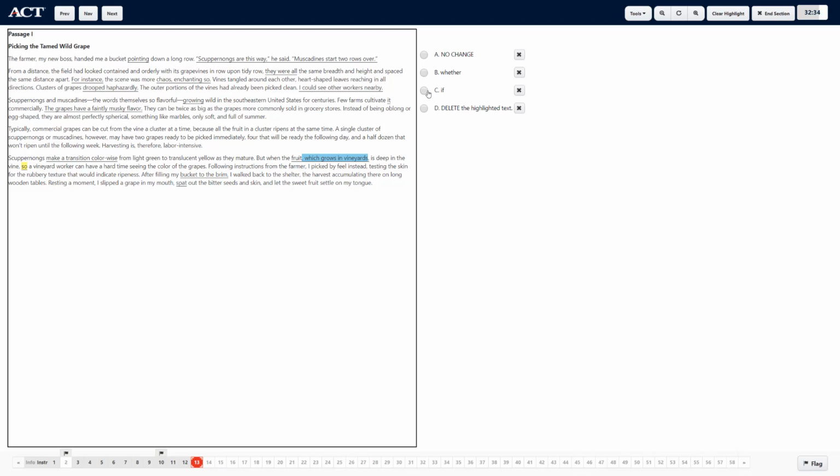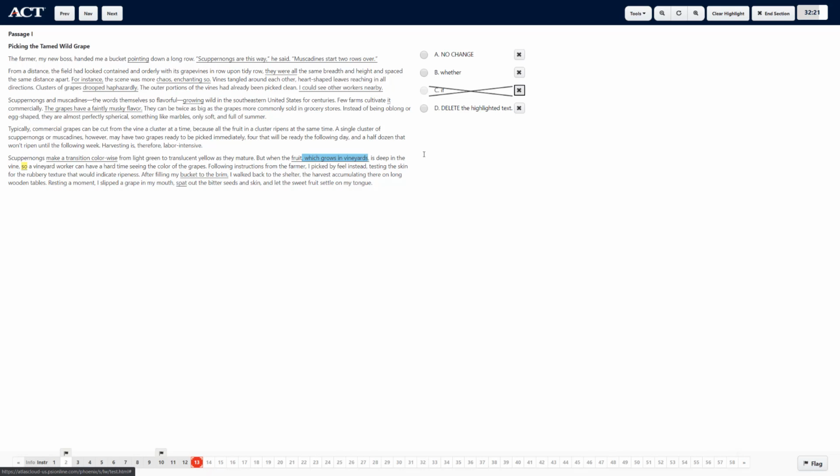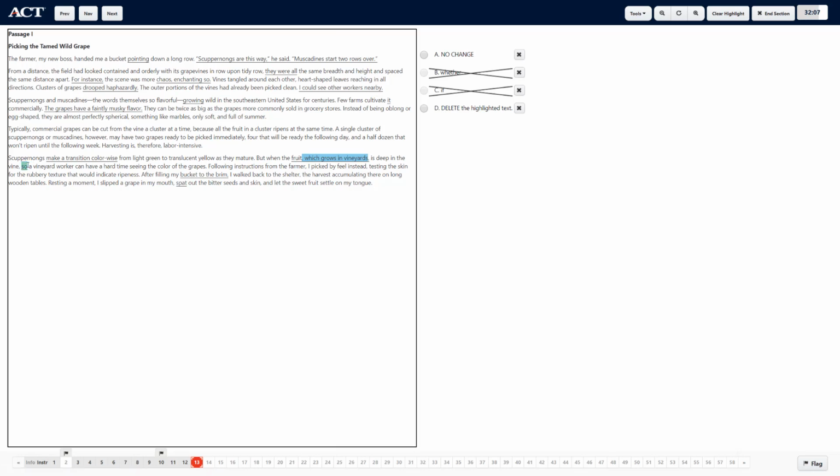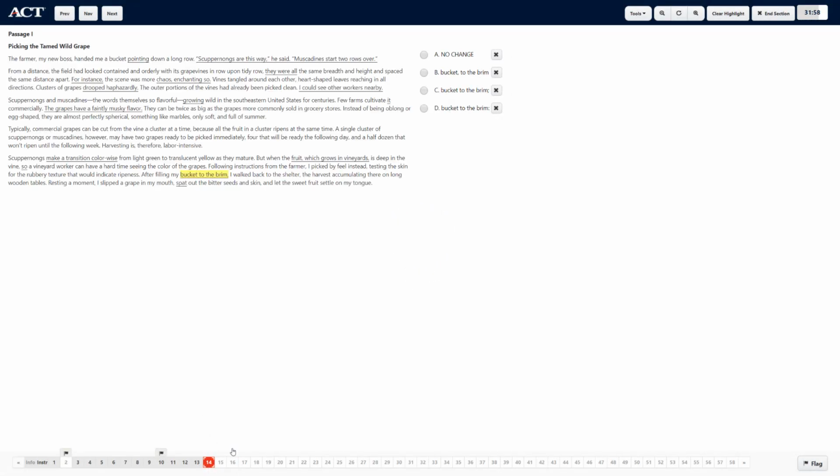So we would say if the grape is deep in color, a winemaker can have a hard time seeing the color of the grapes, but it's not the case, so we're going to eliminate this. The same for whether. So if and whether are most of the time interchangeable, and so is used to offer an explanation, and the sentence will make perfect sense without so. So it's option D. So we're going to do the last, 14.